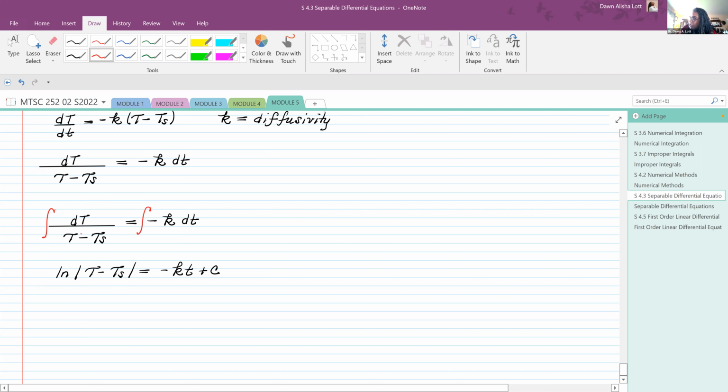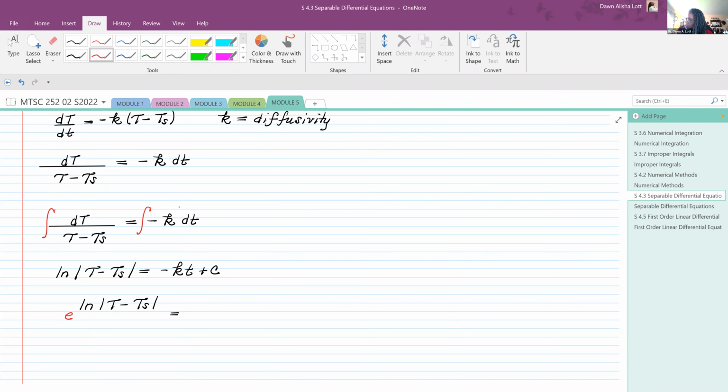So we get e to the natural log of the absolute value of T minus Ts is equal to e to the negative kt plus a constant.